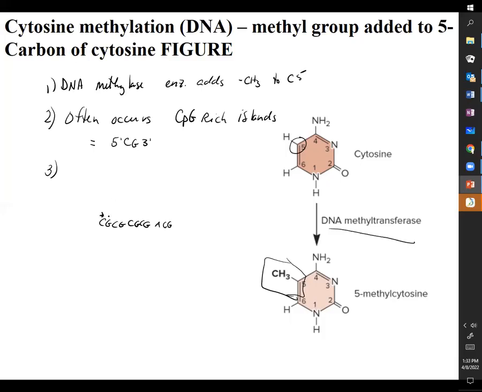But if this region, if this CpG-rich island is heavily methylated, which I'm showing here with little asterisks, heavily methylated DNA generally has reduced transcription.